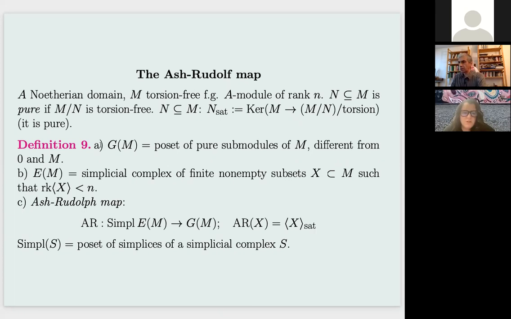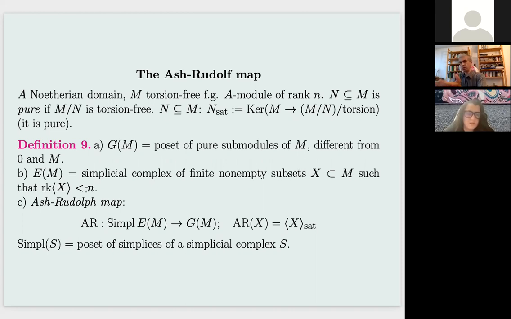So then, given this M, let me define G of M as the partially ordered set of pure submodules of M which are different from 0 and M. And then, on the other hand, let me consider E of M, which is the simplicial complex of finite non-empty subsets of M such that the rank of the submodule they generate is less than n.